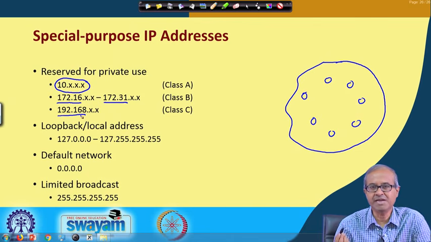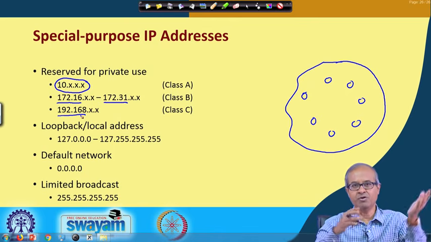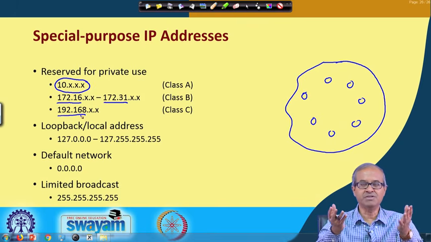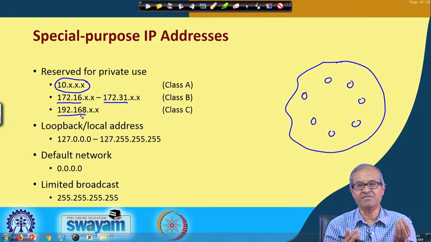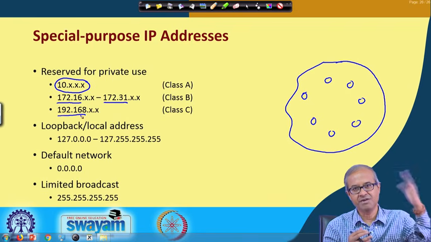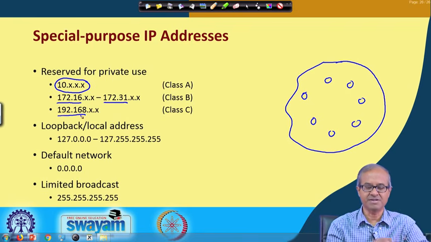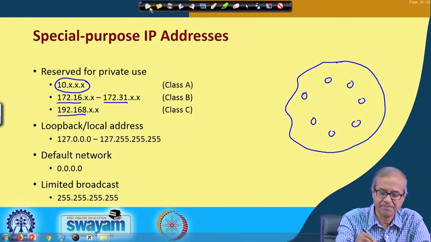There are many cases where you use private addresses inside your organization, but when you are going out of the organization, you use some kind of network address translator or an address translation mechanism to get a unique address, or a proxy server, to access the outside world. This is how it works. Okay? All right.